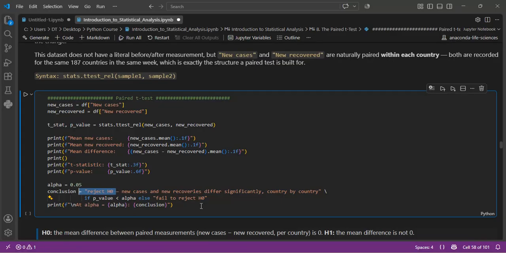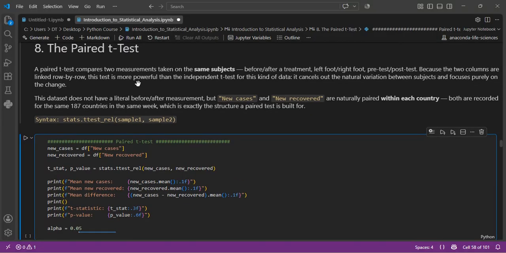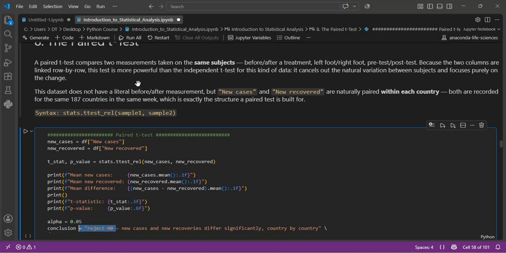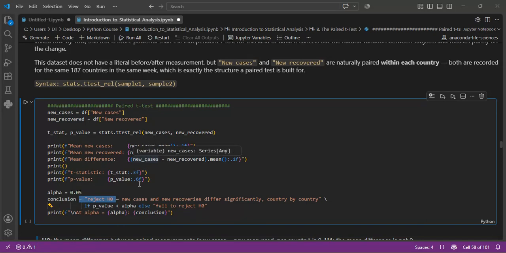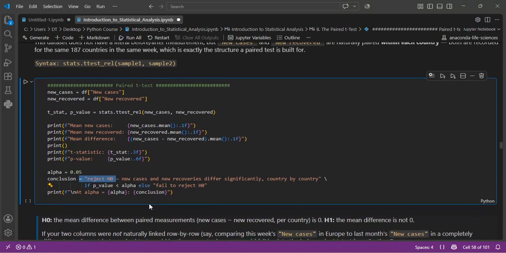So we want to see whether that particular hypothesis is true. That's why we call these hypothesis tests, because we use them to either reject or fail to reject a hypothesis. And then this is the procedure.